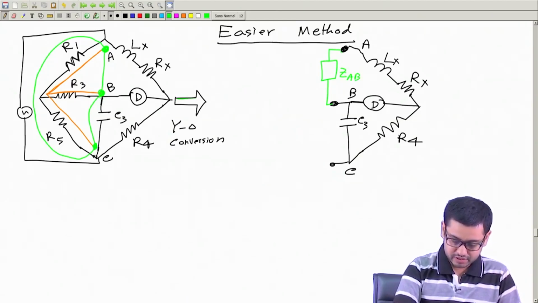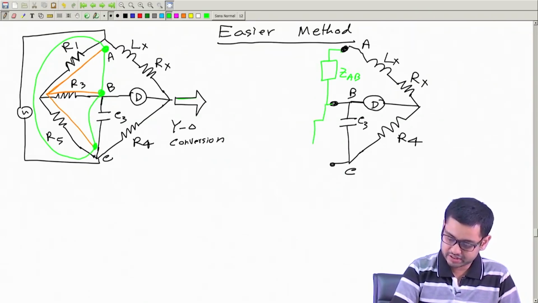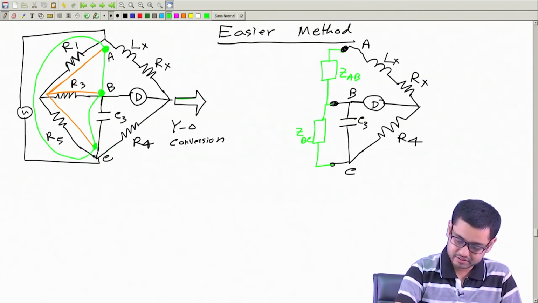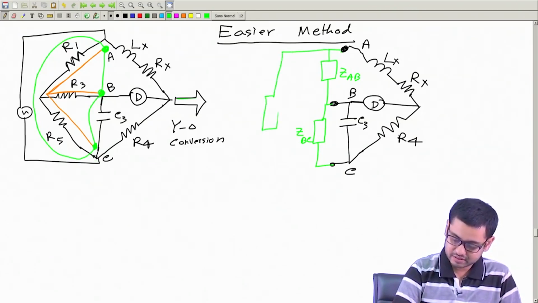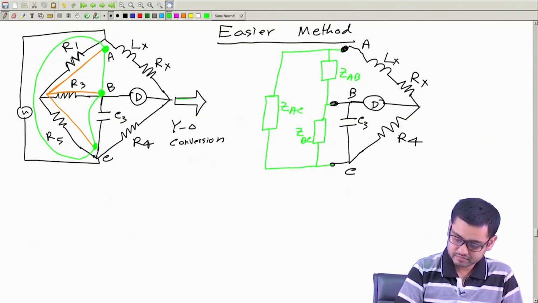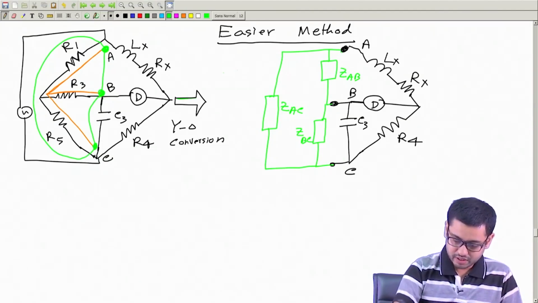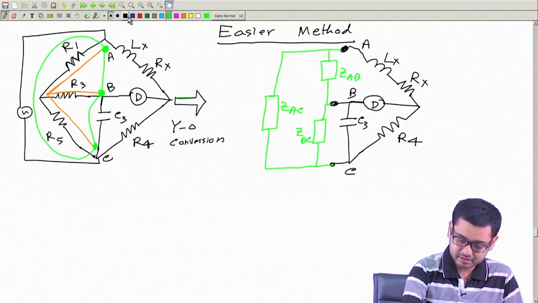We will have a branch between B and C, call it ZBC, and between A and C, call it ZAC. The supply is here, between A and C.